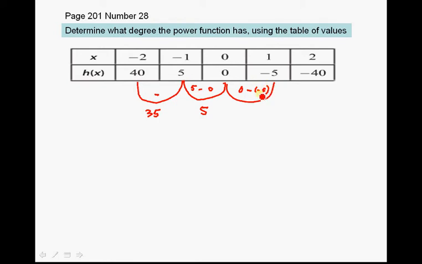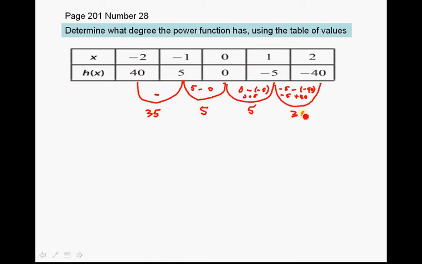Whoa, it gets a little bit hairy here, but we're subtracting a negative, so that's going to be the same as a positive, so it's going to be 0 plus 5, and that'll just be 5. And then we're going to have negative 5 minus a negative 40. Again, it's getting kind of weird, but it's just fine. It's the same as negative 5 plus 40. So if you have a positive 40 and a negative 5, that's going to be 35.